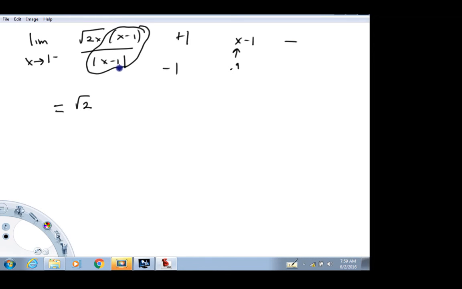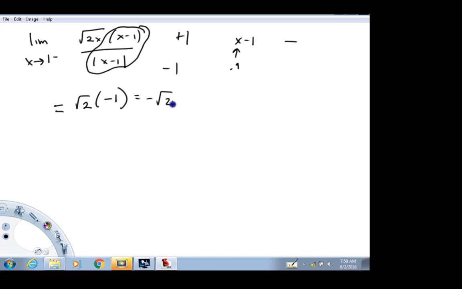The absolute value of x minus 1 is still in fact positive. So because the top is negative as we approach 1 from the left, the bottom is positive, but these numbers have the same magnitude. Their ratio is minus 1. So the limit is minus square root of 2.